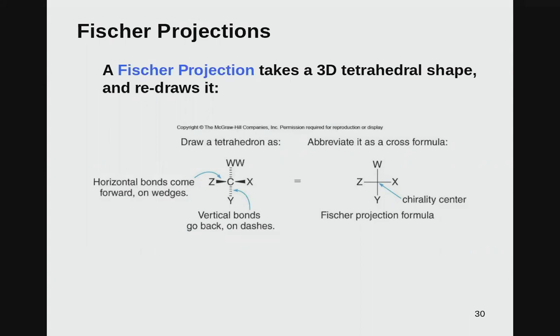So we draw a tetrahedron such as this, and then we abbreviate it as a cross formula such as this. This is a Fischer projection formula. It's a bit different from what we've seen thus far, but Fischer projections are really common when we're thinking about this 3D structure. Drawing like this, and then drawing a Fischer projection formula as such.